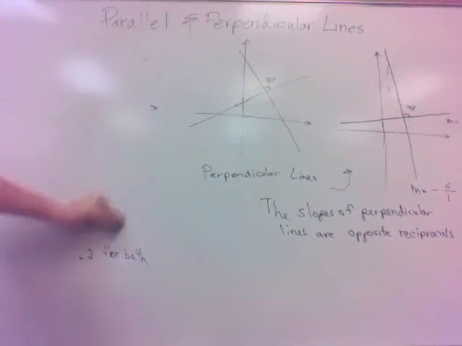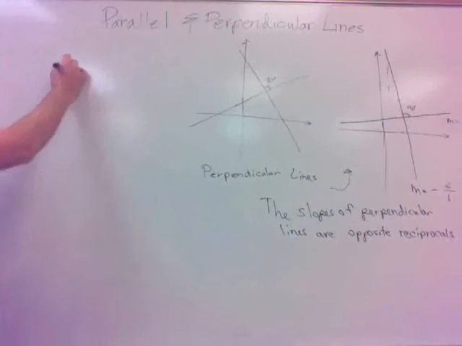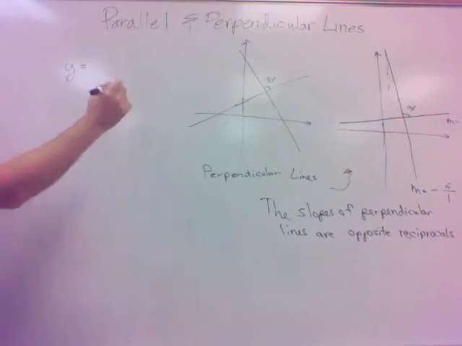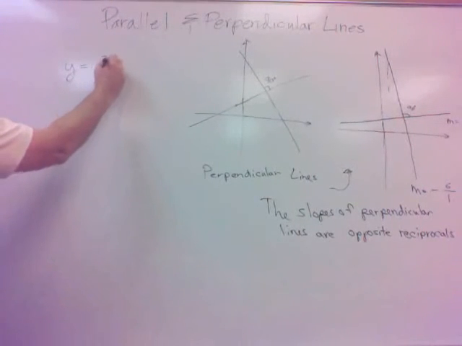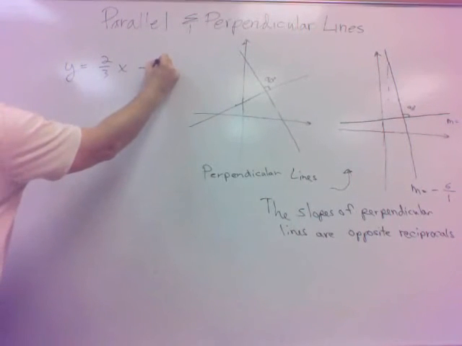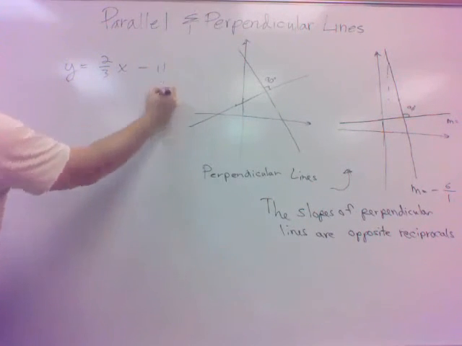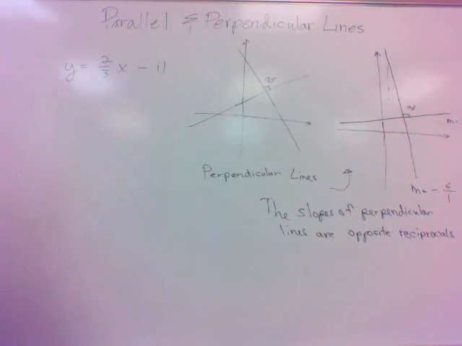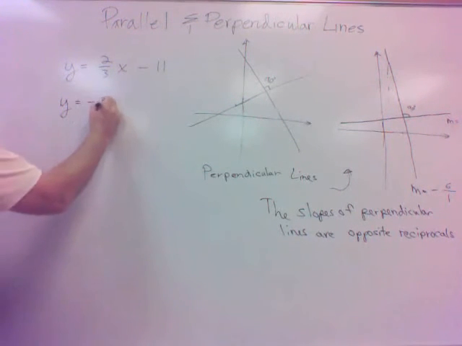So if I had, say, y equals 2/3 x minus 11, then if I wanted a line that's perpendicular to that, what would the slope be? It'd be minus 3/2.